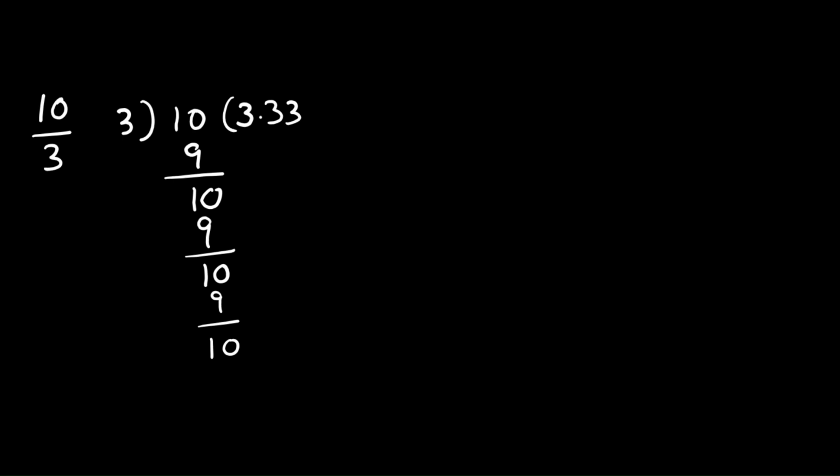Now let's take another example, 1 by 7. So 7 dividing 1. 7 doesn't go in 1, so we put a 0, decimal point, and make this as 10. And 7 goes in 10 one time. So 7 ones are 7.